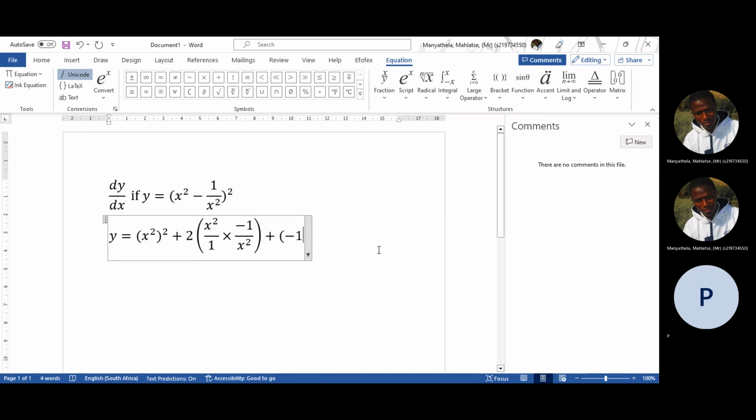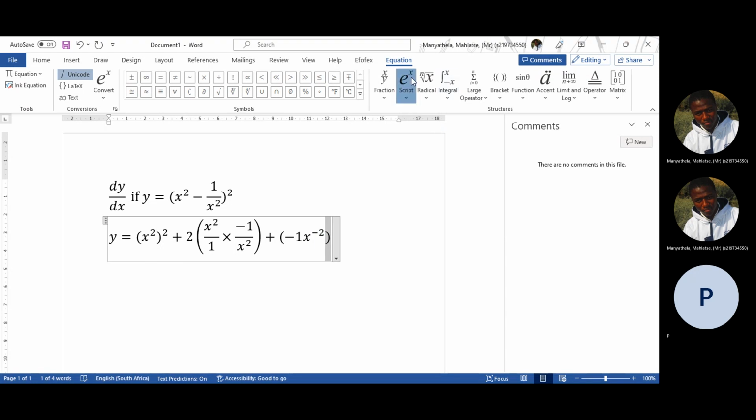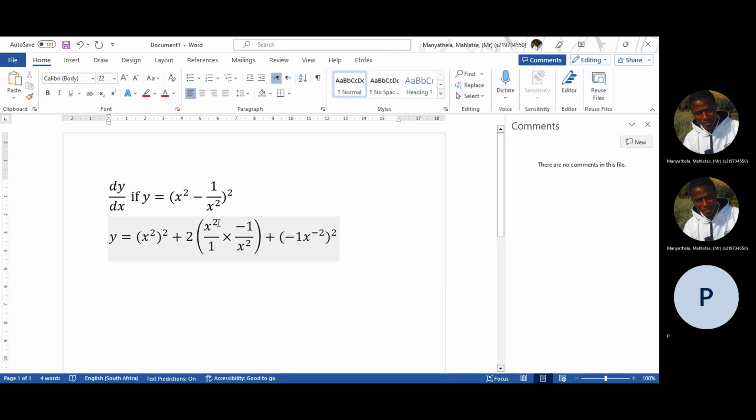If we can check, minus 1 over x squared, we can write it as minus 1x to the exponent negative 2. And then this term we will also square. So if we check, if we multiply these guys, okay.